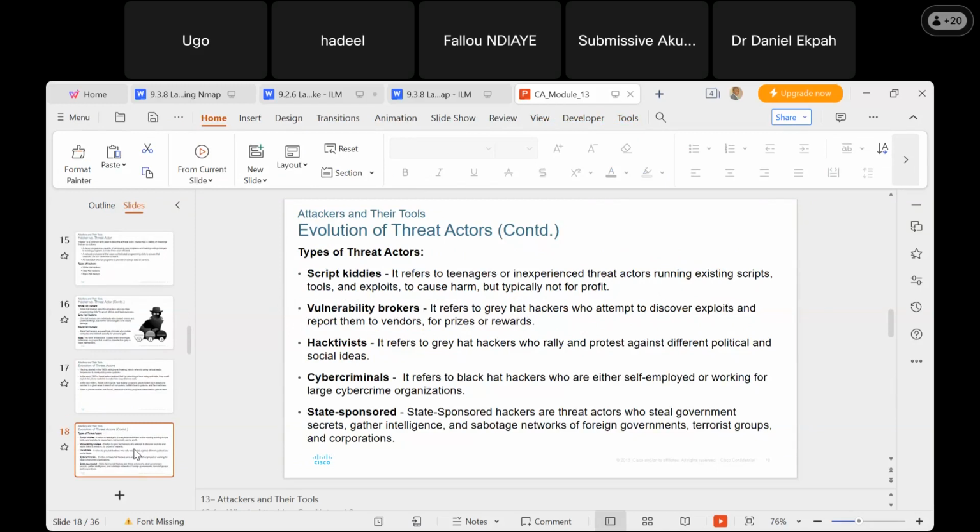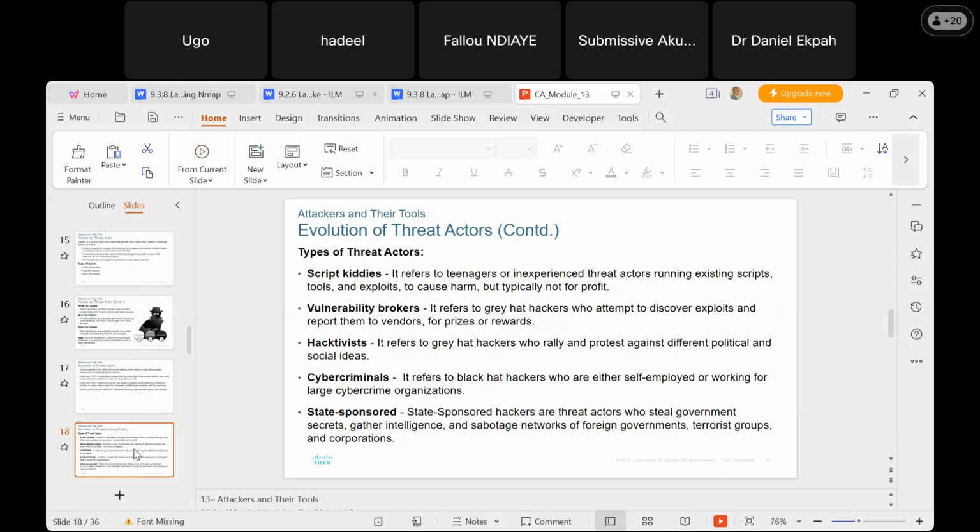Script kiddies are folks who try their hands on existing script tools and exploit them. If you go online, there are several tools, some harmful, that are actually used for hacking. Most of them are free and available, and any threat actor who uses these tools for attack is tagged as a script kiddie.